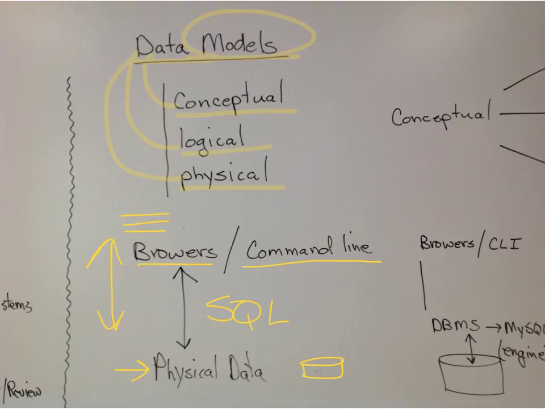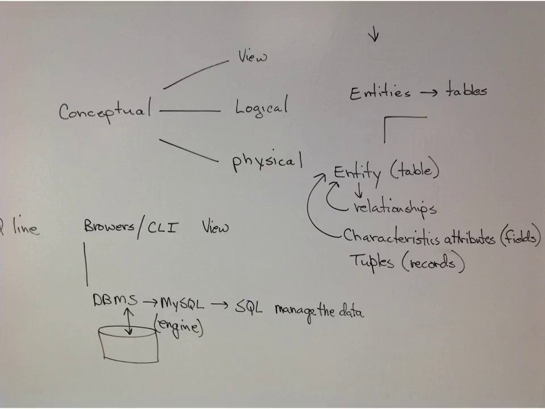Let's keep moving. We'll talk more about this whole idea. But it might be helpful to look at the conceptual view as the overall view, where you look at the data from top down. This is where the users would see.